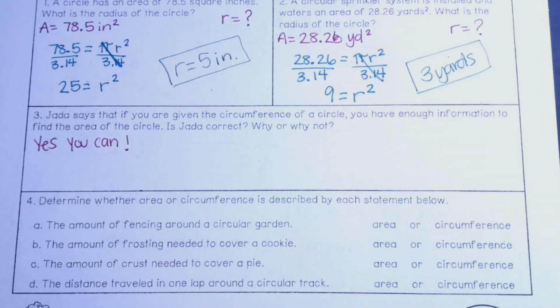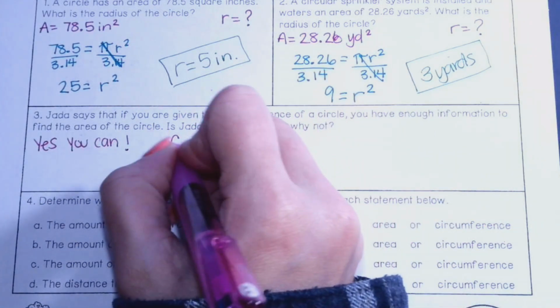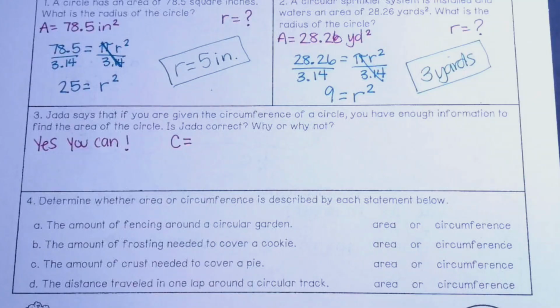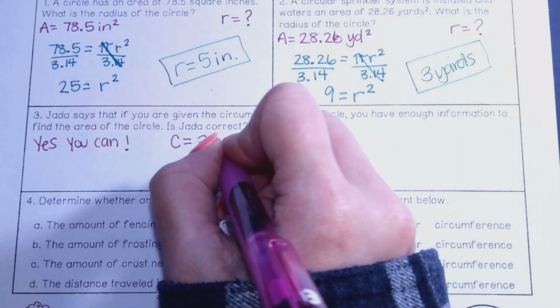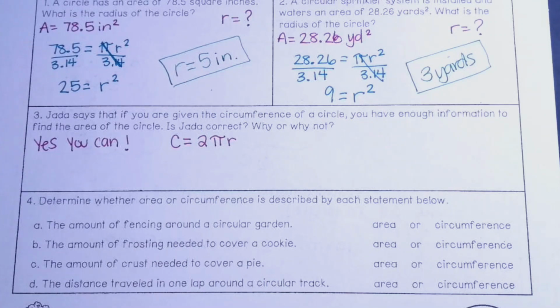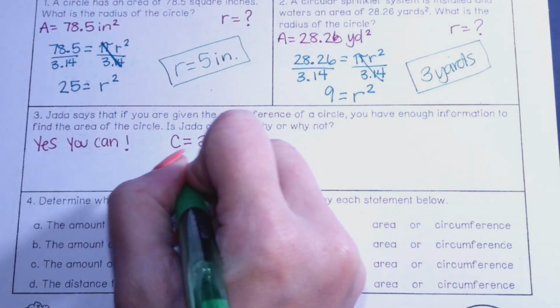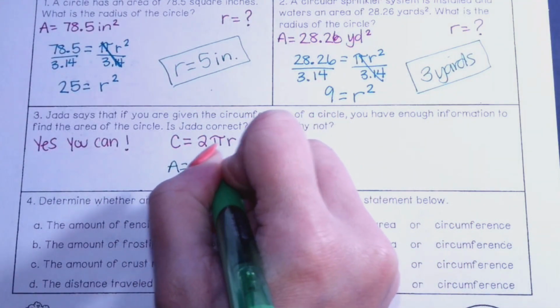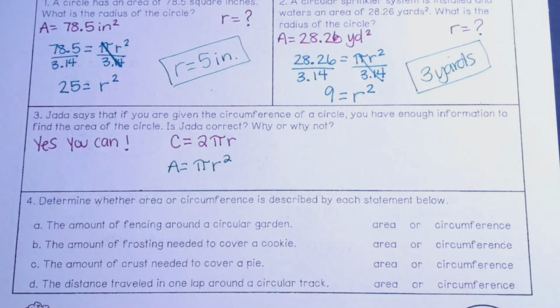The formula for circumference of a circle. There are 2 of them. But if we look at the one that has radius in it, circumference equals 2 pi r. And then you look at the formula for area of a circle, pi r squared.